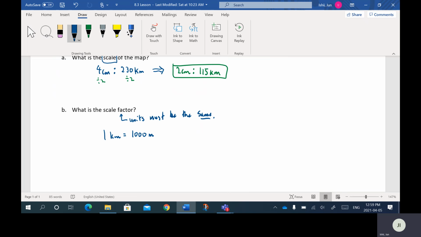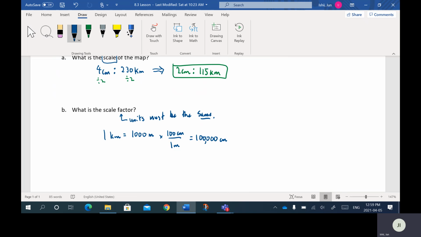And in terms of centimeters, there's 100 centimeters in a meter, so I need to multiply by 100 centimeters per 1 meter. As it turns out, 1 kilometer is actually 100,000 centimeters.